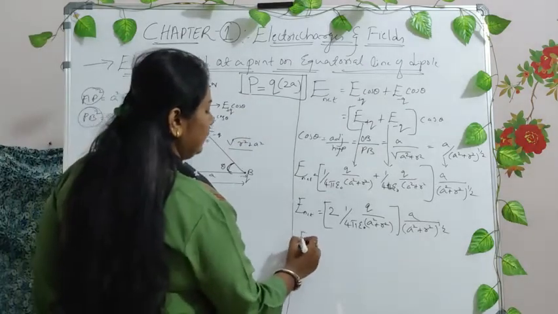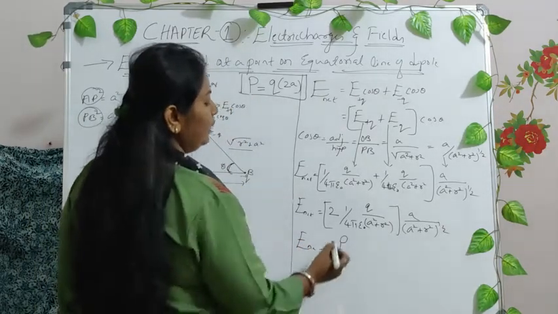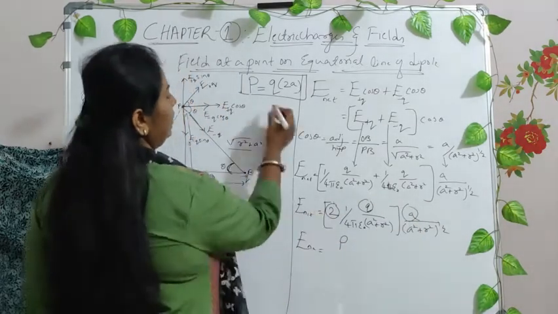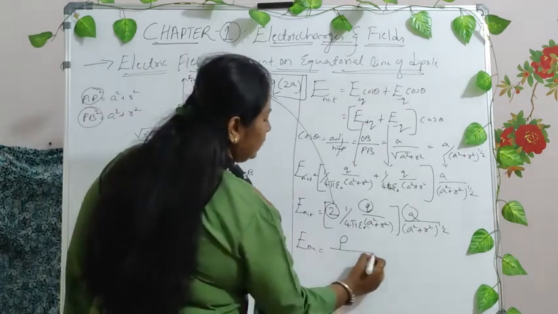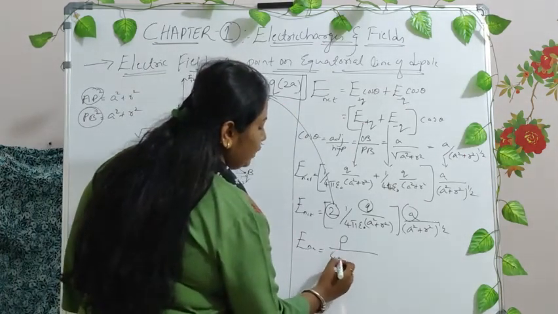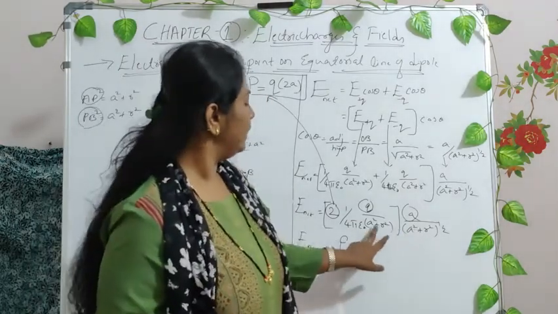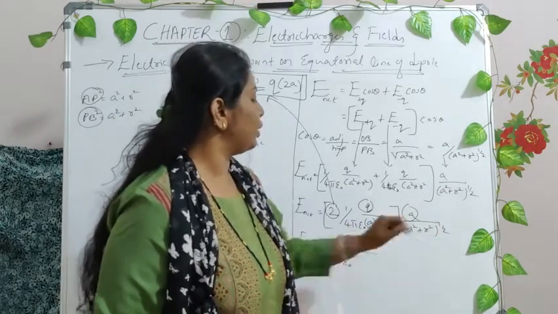So what is E net now? These 3 terms are substituted by the electric dipole moment, divided by what is left now, 4 pi epsilon naught, and again the same things, A square plus R square, and here (A square plus R square) raised to 1 by 2.